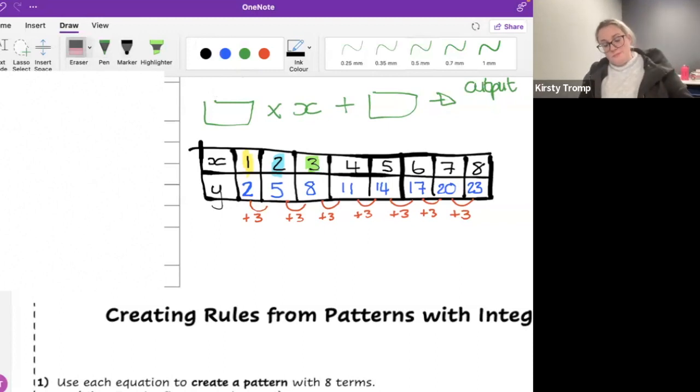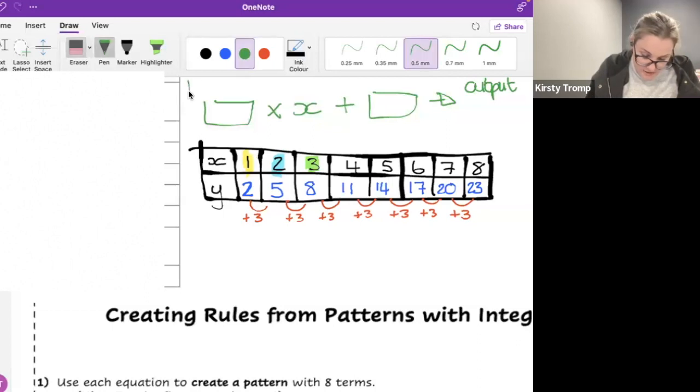So our input, our difference multiplied by x, plus something gives us our output.